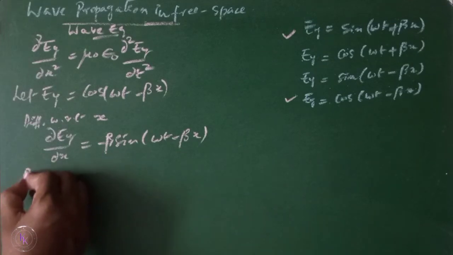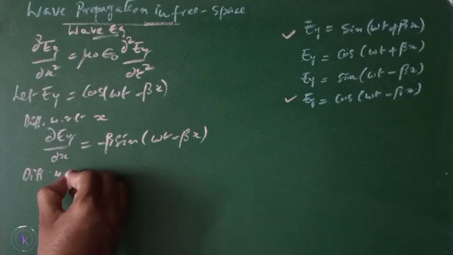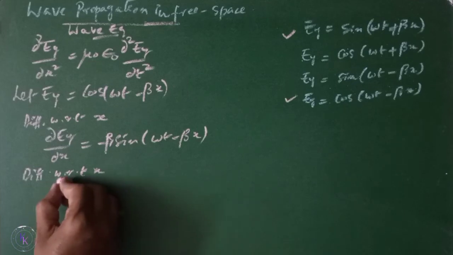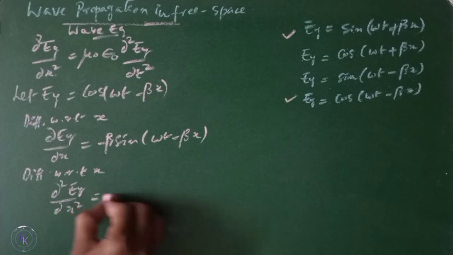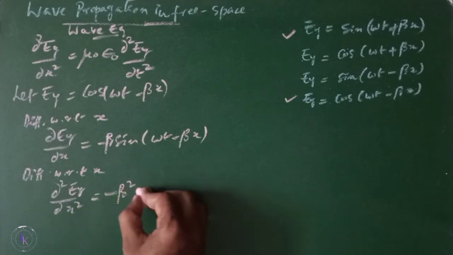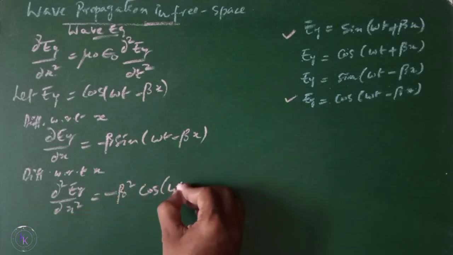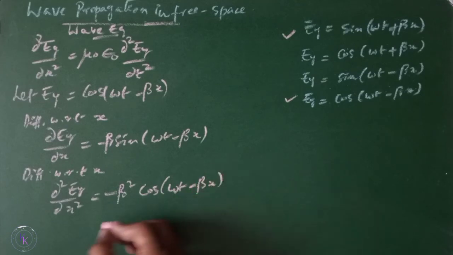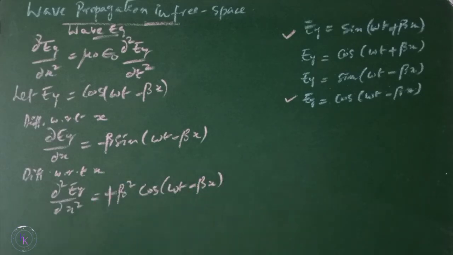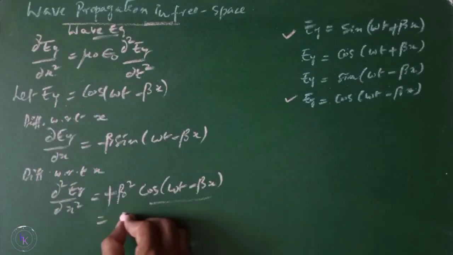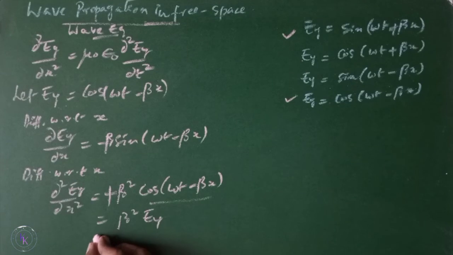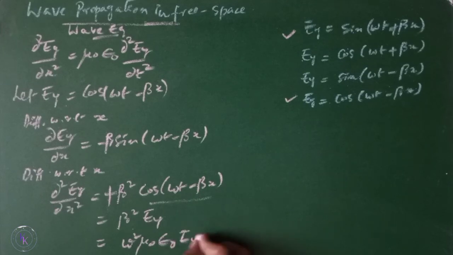Then again differentiating with respect to x, dou square Ey by dou x square equals minus beta square cos of omega t minus beta x. Minus of minus gives positive again. The cos of omega t minus beta x is nothing but Ey, so beta square Ey. Substitute the value of beta square, that is omega square mu naught epsilon naught Ey.